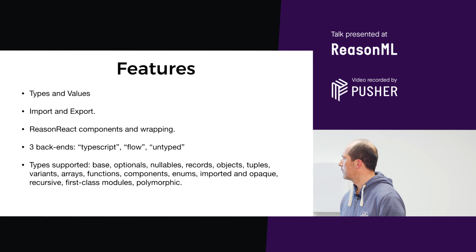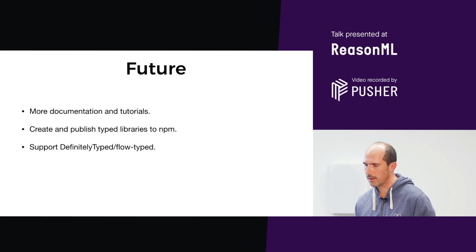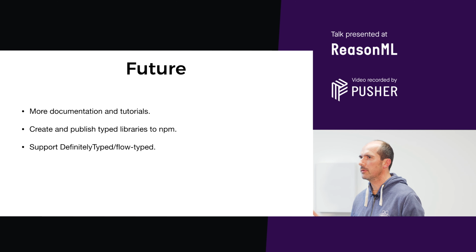A bunch of types are supported, covering most of what you probably need, but from time to time there are new feature requests and then they can be added. In terms of documentation, there is a big, comprehensive README, and more can be done, like tutorials.